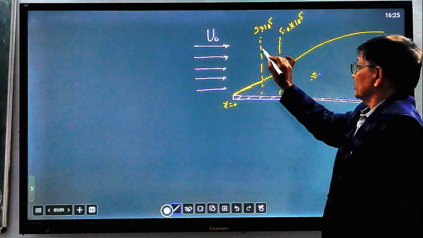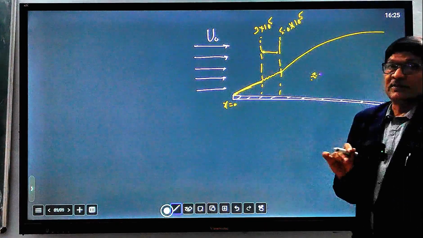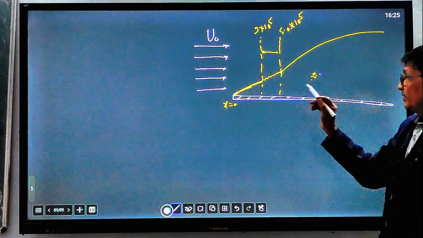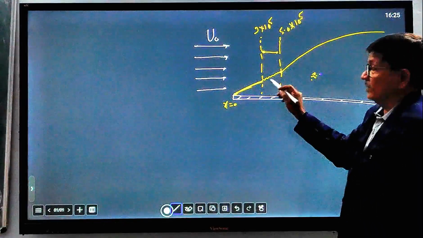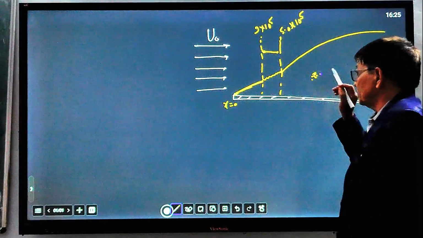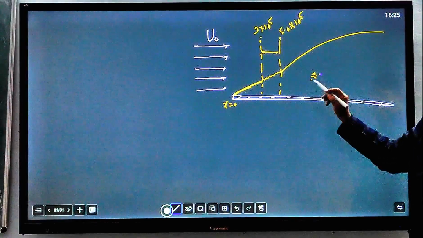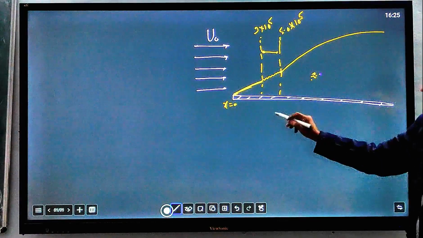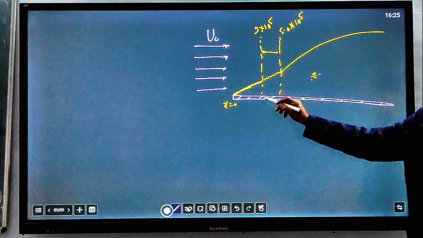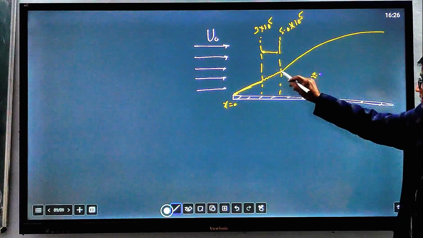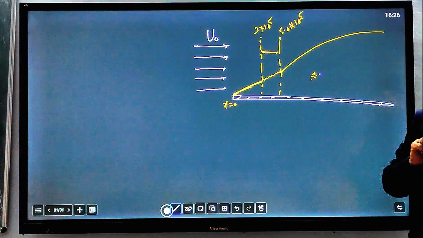This was the transition zone where disturbance started, because initially the velocity is not very high when flow is coming over this plate. The same boundary layer forms on both sides of the surface, a mirror image.